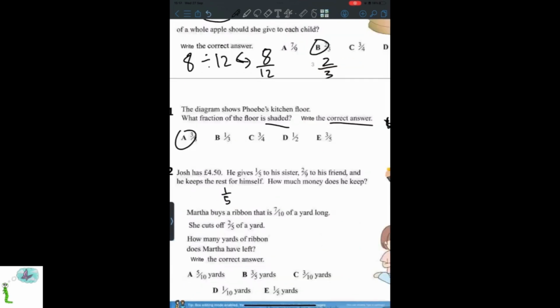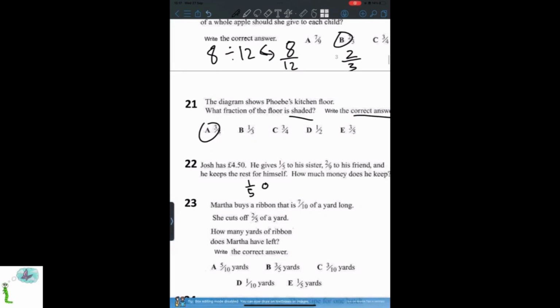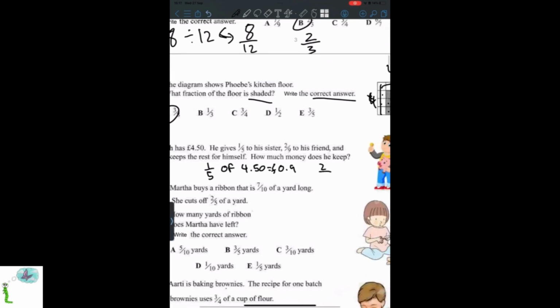1 over 5, question 22, 1 over 5 of £4.50. To find that, we just do £4.50 divided by 5, which is 0.9, so that's 0.9 pounds. And to get 2 over 9 of £4.50, again we just times this by the fraction. We do that, and what we're going to get is 9 over 9, which is 1, which is £1.